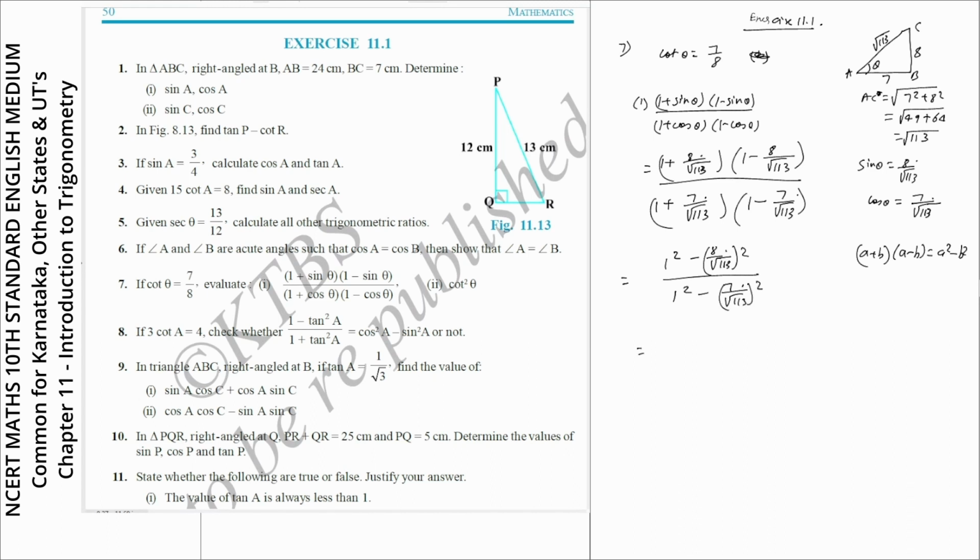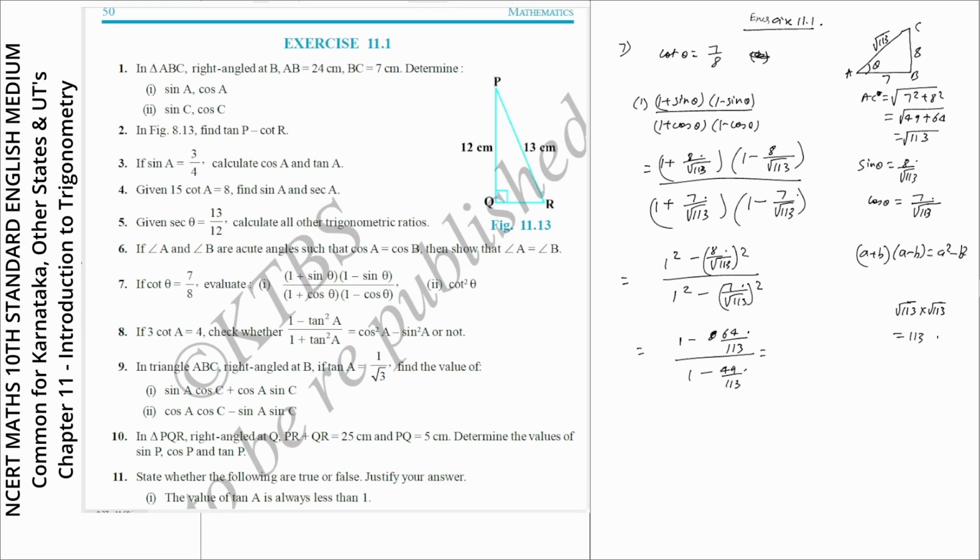So this is equal to 1 minus 64 by 113, since the square of square root of 113 is just 113, divided by 1 minus the square of 7, which is 49, by 113.